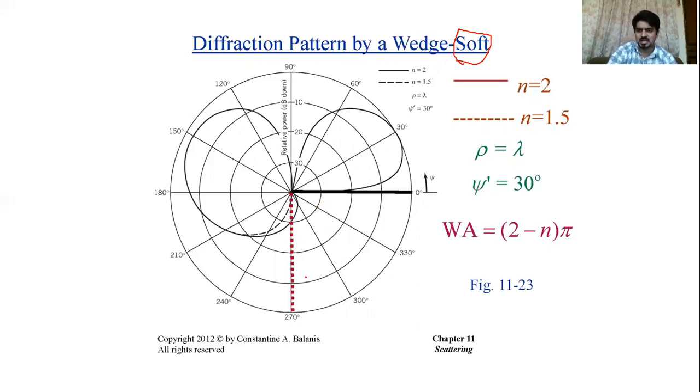As a result, you can see that in this region, in the shadow region, the diffracted fields are much weaker compared to the other polarization.